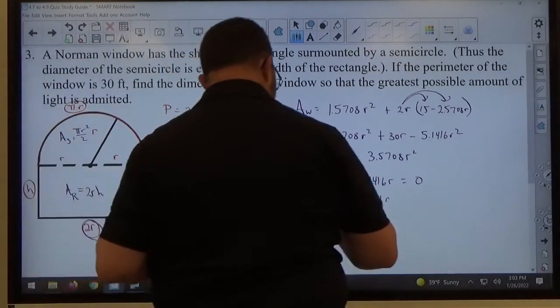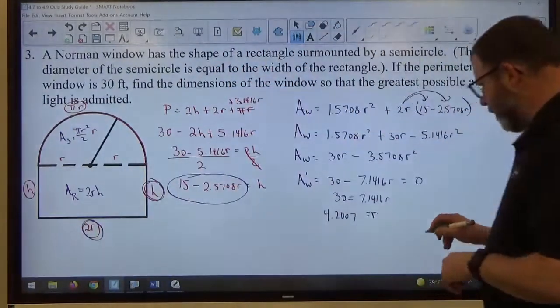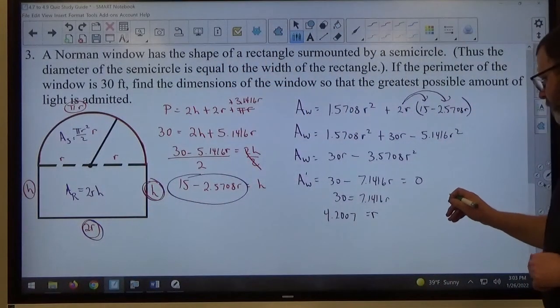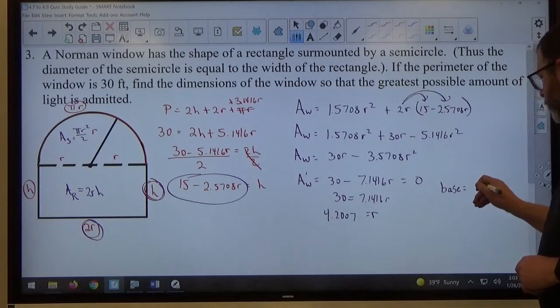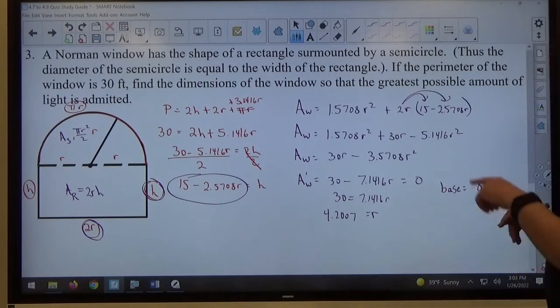So the base should be double that, so 8.40 if I'm going a couple decimal places. So the base equals 8.40, we're using the unit of feet.